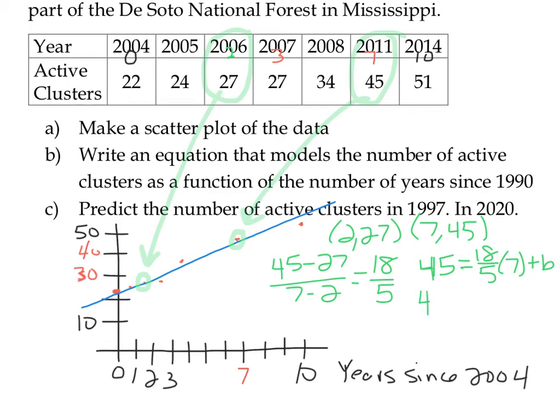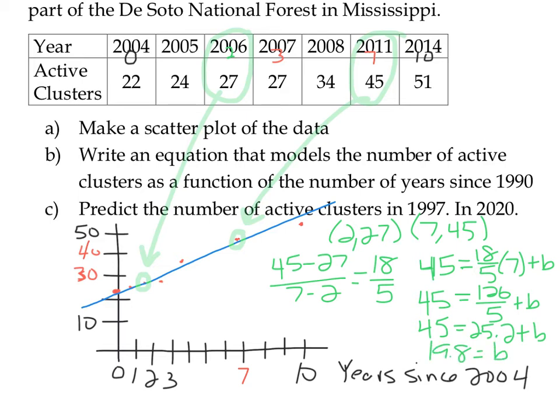That's fine. So we're going to have 45 equals 18 times 7 is 126 over 5. And we can maybe do 126 divided by 5, and we'd get 25.2. So this is plus b. So we'd have 45 equals 25.2 plus b. And then we could subtract the 25.2 on both sides, and we get 19.8 equals b.